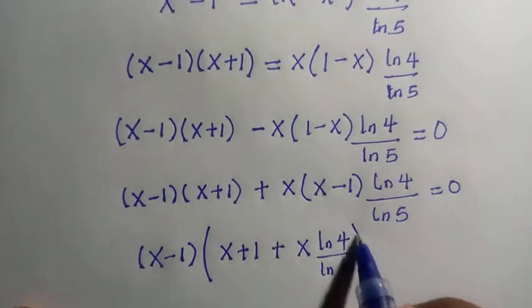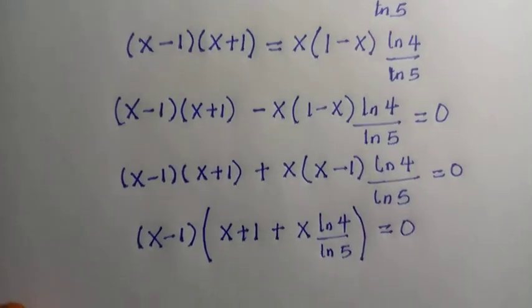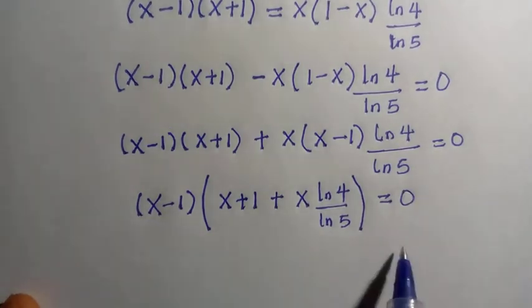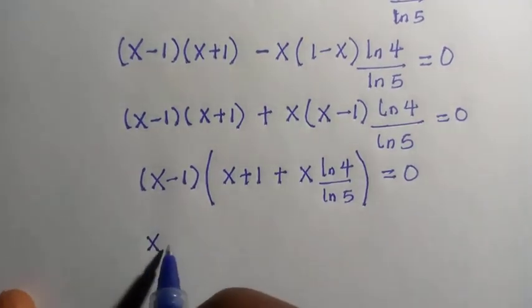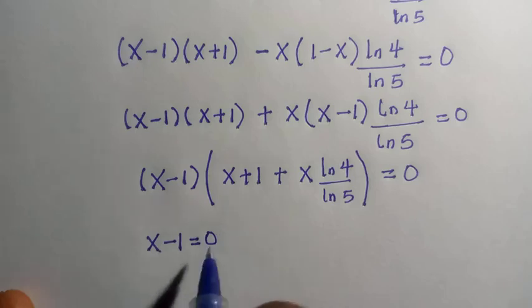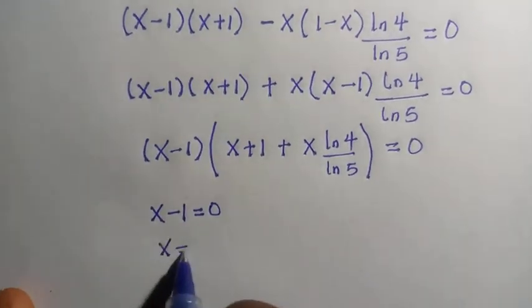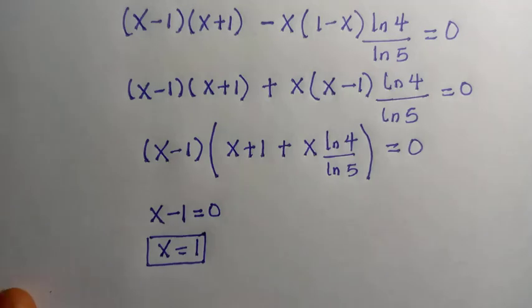This is what we are going to have, then everything equals 0. So we let x minus 1 equals 0, or the whole of this equals 0. So by doing that, we have x minus 1 equals 0, and we get the value of x which equals 1 as the first solution.